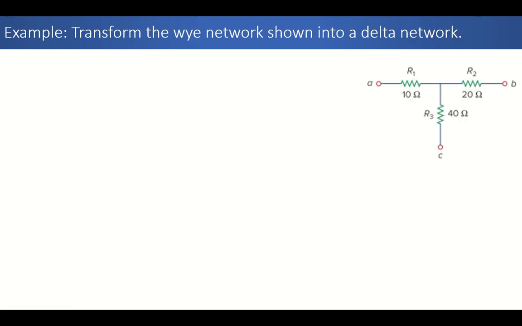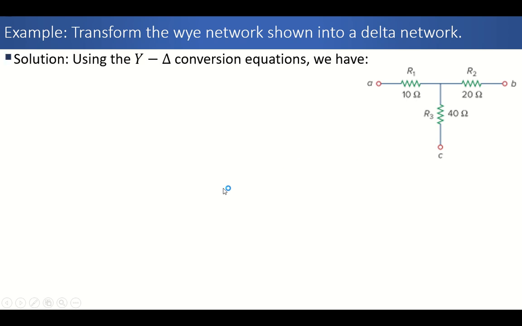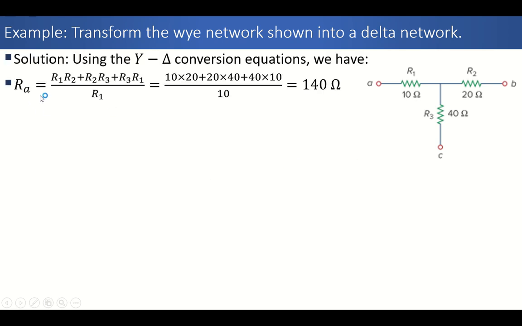Let's see another example. Convert or transform the Y network shown into a delta network. So again we have a three-terminal network A, B, and C, and we want to convert it into an equivalent delta network. So we have the equation RA is equal to R1 R2 plus R2 R3 plus R3 R1 divided by R1. We have to plug in the values of R1, R2 and R3. This is terminal A, so the resistance connected is R1.